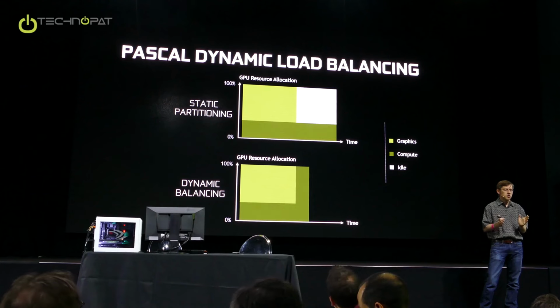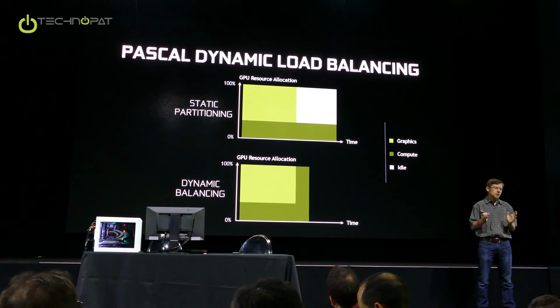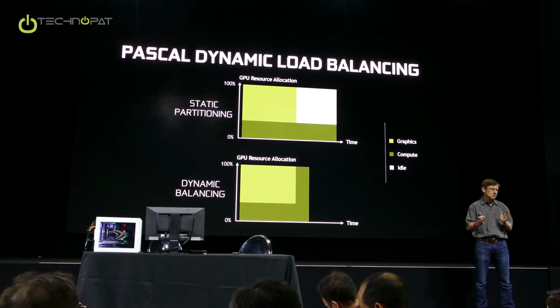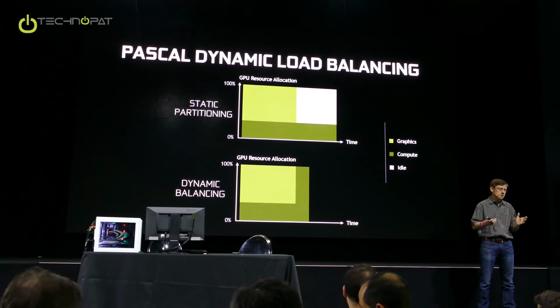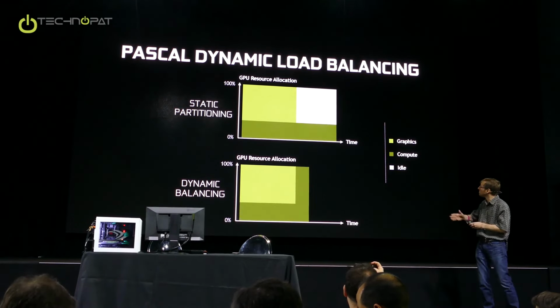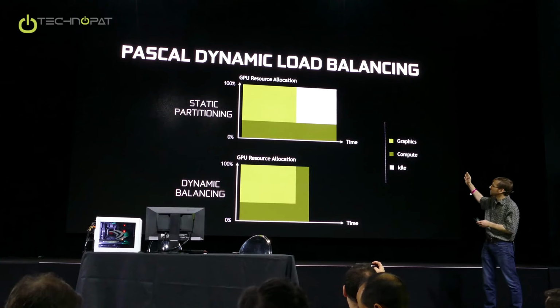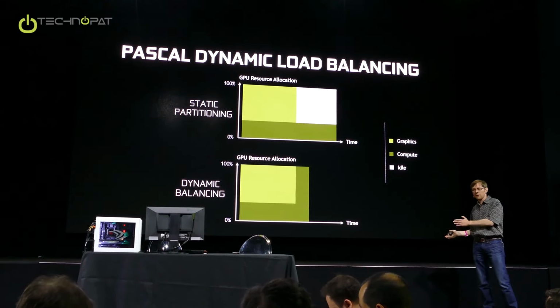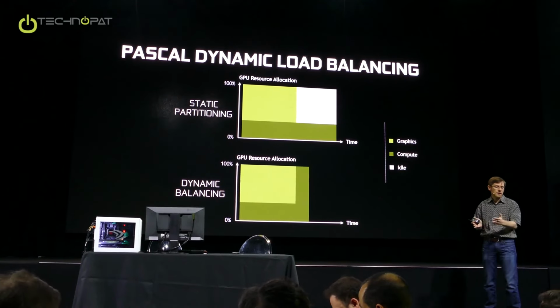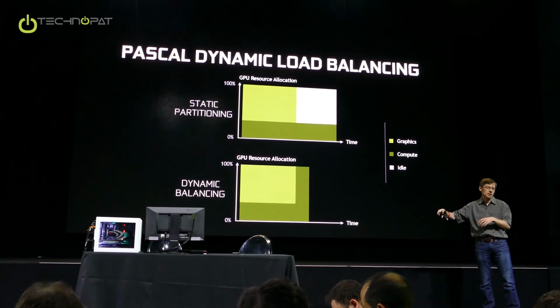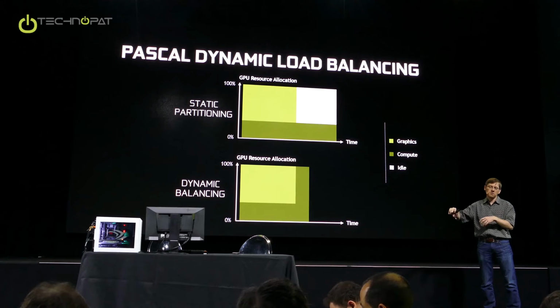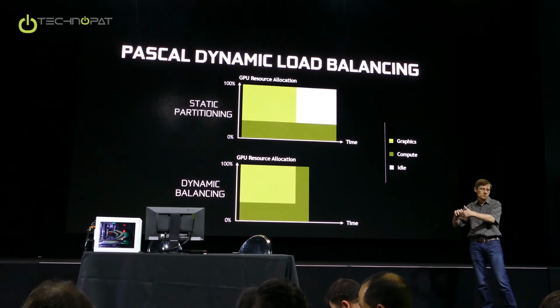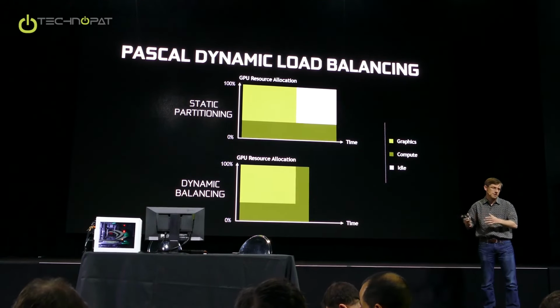So that approach will work well as long as the two workloads finish in the same amount of time. If they don't finish in the same amount of time, as in this example here, if one of them sticks out, then you're going to have some dead time, because you partitioned the machine to do compute 25%, graphics 75%. Now the compute work is still going along, and if there's no more graphics work to do until that compute work finishes, you're going to have dead time in the machine.